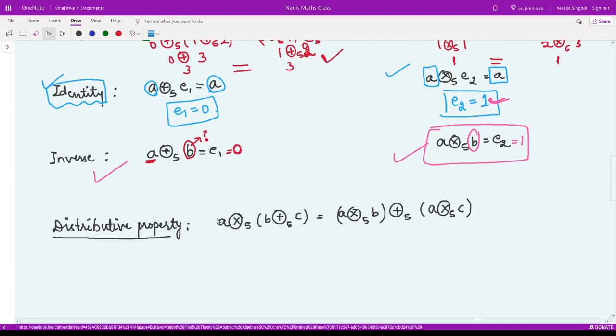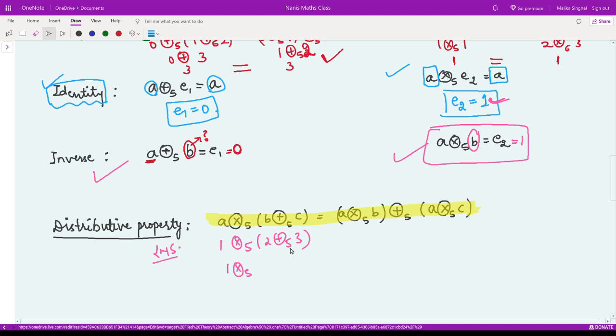What would be that? It would be equal to this in the present case, right? So let us check the left hand side first. Let me take any three numbers. Let me take 1 here and 2 here and 3 here. So firstly we'll solve the brackets.